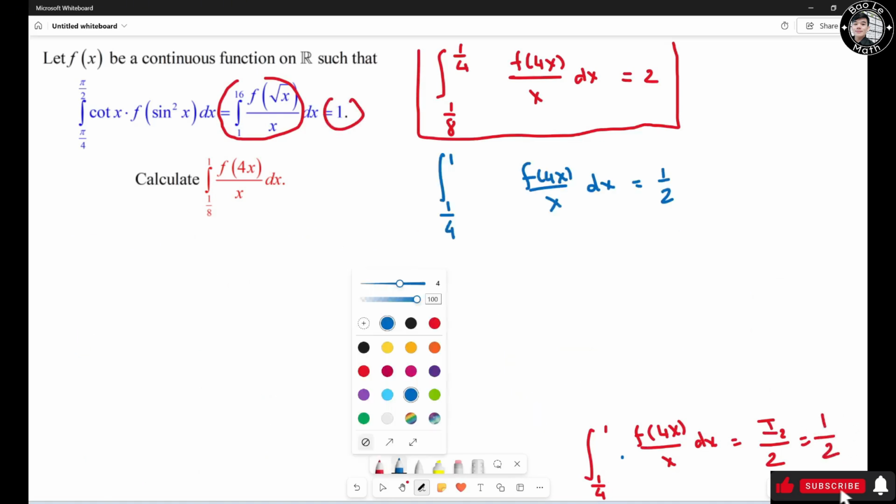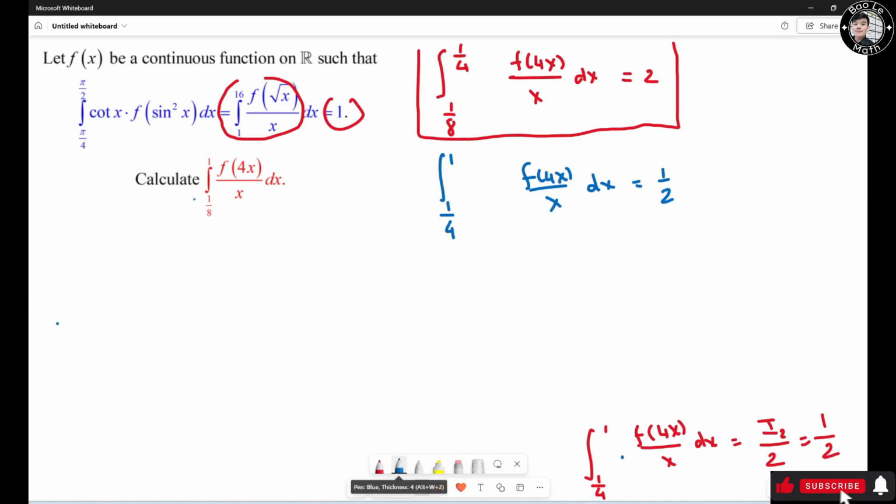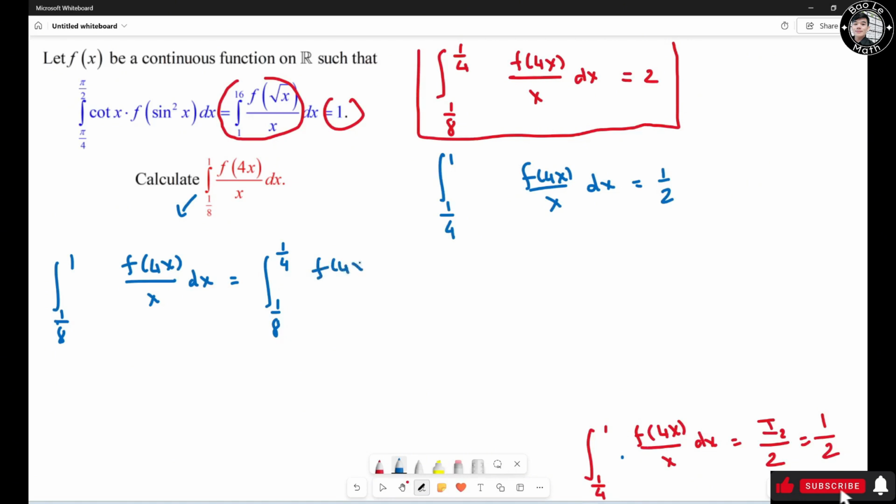Alright, finally, I'm going to start from here. The integral from 1/8 to 1 of f of 4s over s ds is going to be the integral from 1/8 to 1/4 of f of 4s over s ds plus the integral from 1/4 to 1 of f of 4s over s ds.